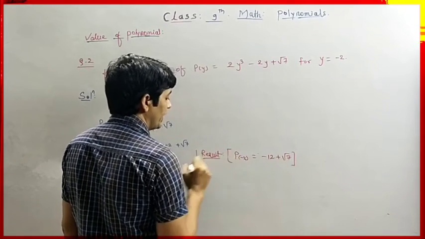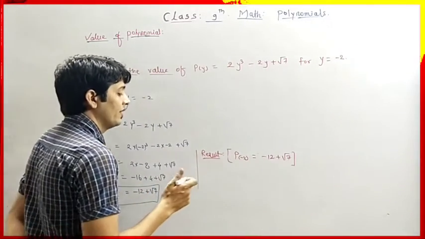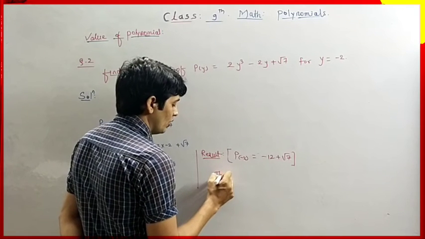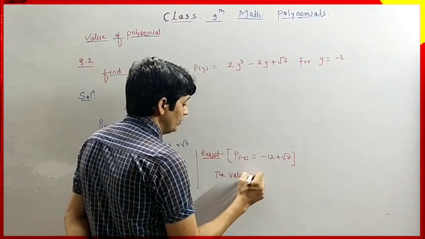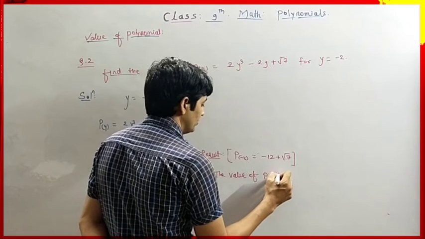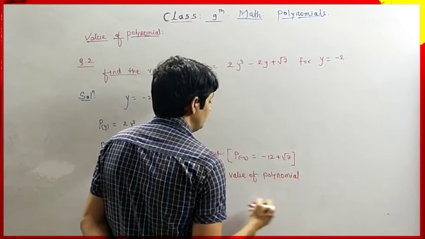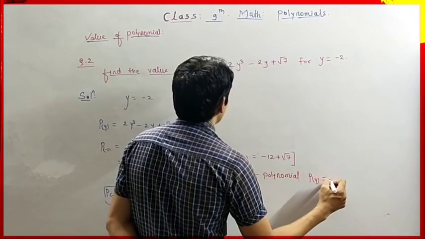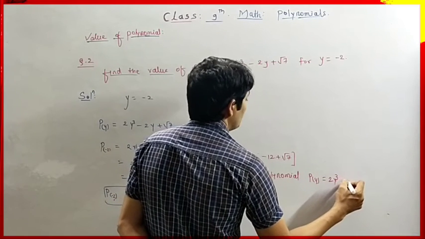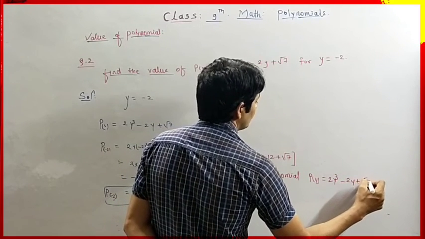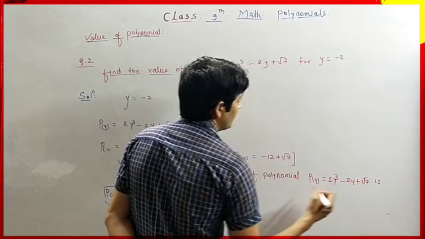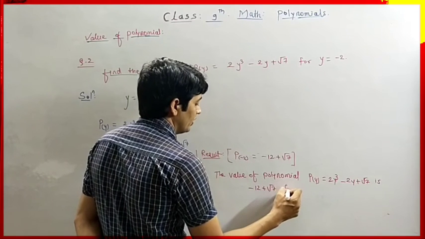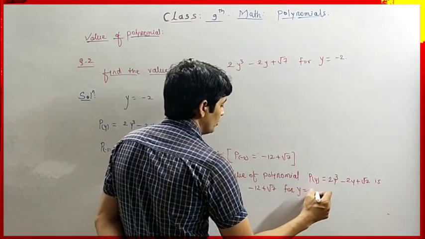Now we have to write it in word form also. The value of the polynomial p(y) equals to 2y cube minus 2y plus root 7 is minus 12 plus root 7 for y equals to minus 2.